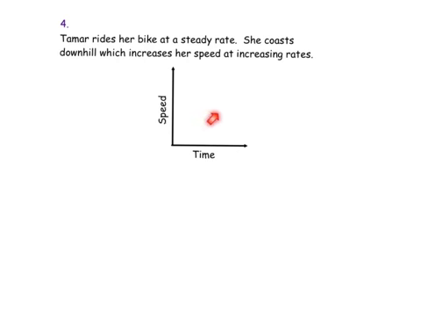So her speed increases, but it doesn't increase at a steady rate, it increases at an increasing rate. So the picture might look something like this. Here she's going steady, steady, steady, and then she starts going downhill and her speed gets faster and faster and faster. So it might look like something like that.